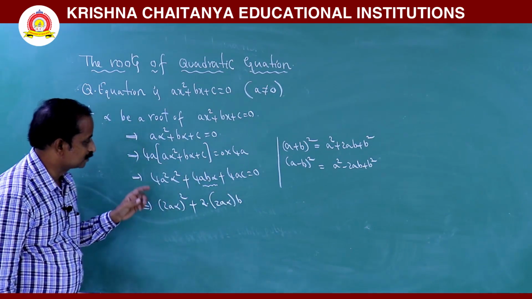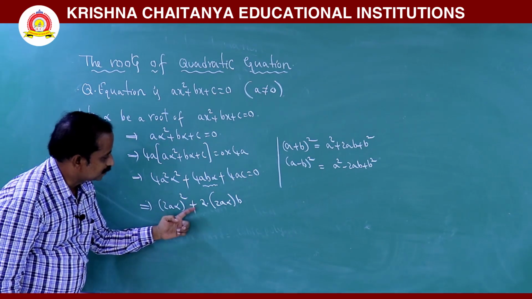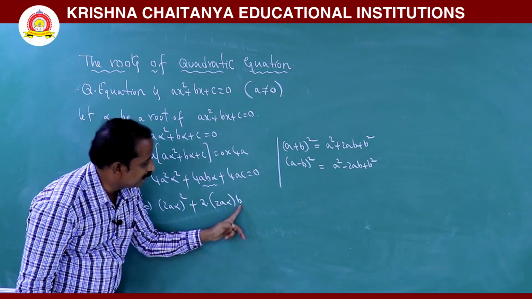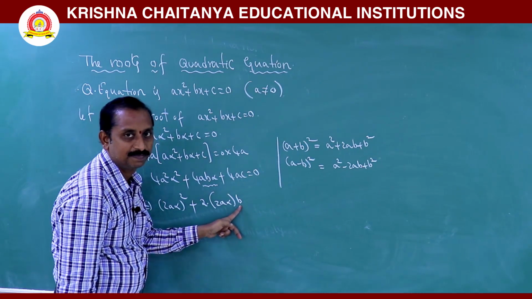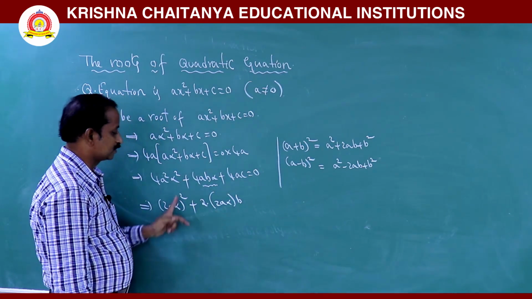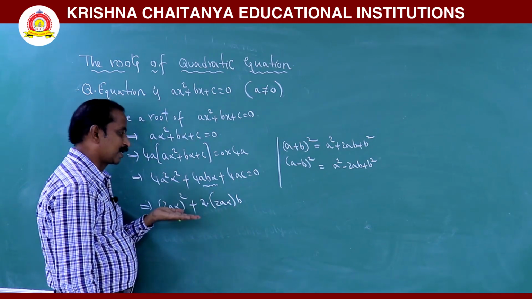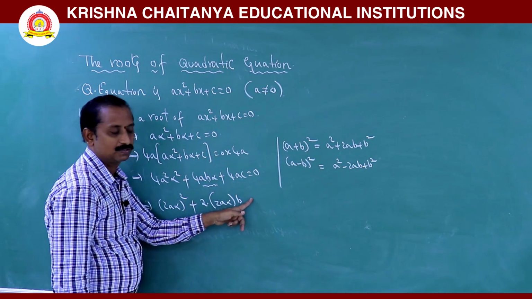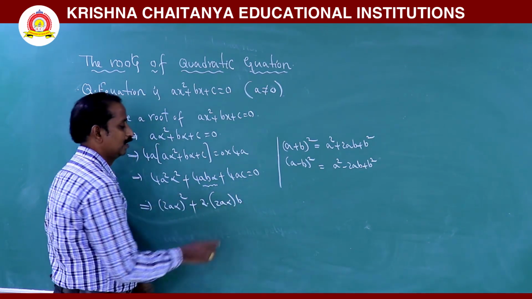Now let us observe, it is a² plus 2a, and the remaining b we consider as the remaining term of (a + b) whole square. a² plus 2ab. To convert it into a perfect square, we need plus b². So we add and subtract the b² term.